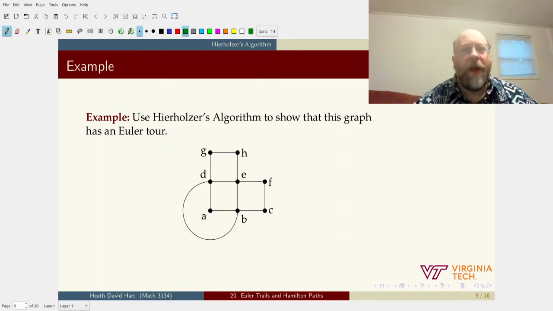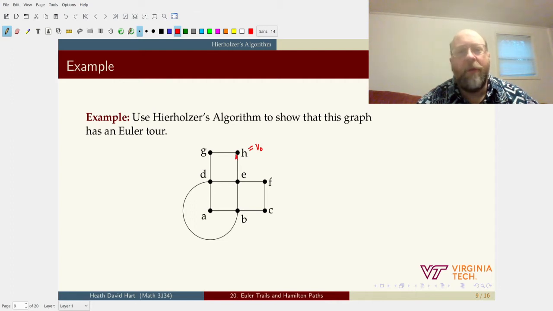Let's show that this graph has an Euler tour. Now, we did this graph a moment ago, but let's work through the algorithm. So we're going to start by picking a random vertex V0. I'm going to let V0 be this vertex here. And we just wander around the graph, just picking arbitrary edges until we get back to V0.